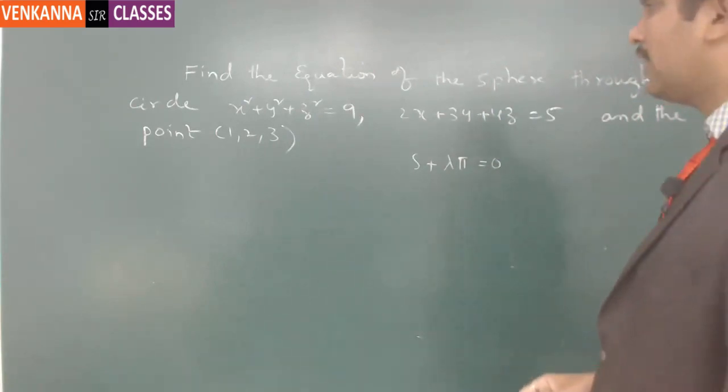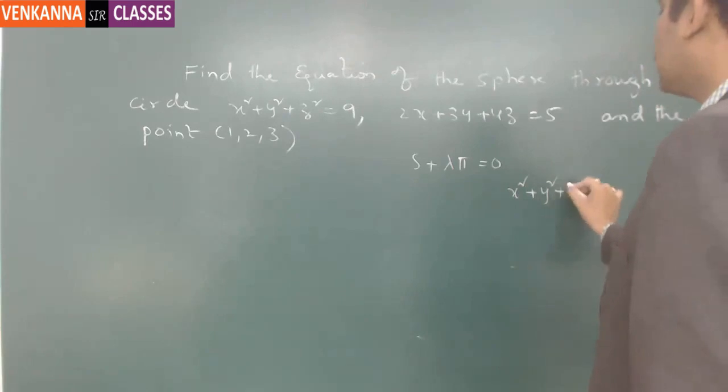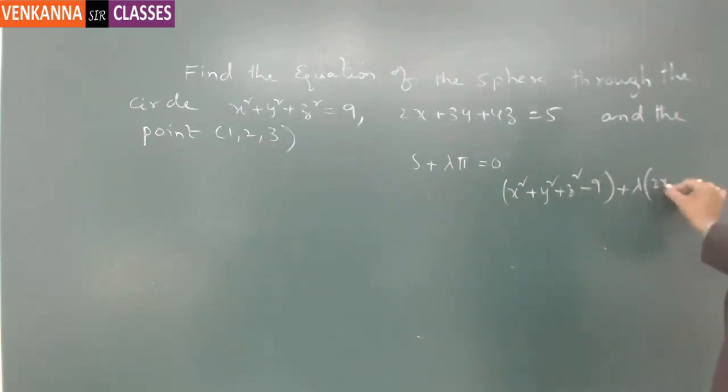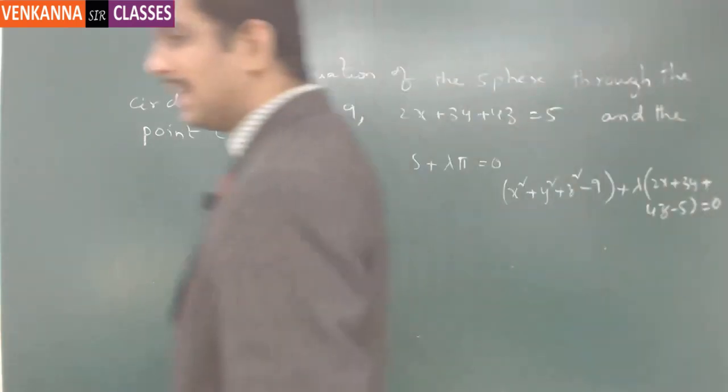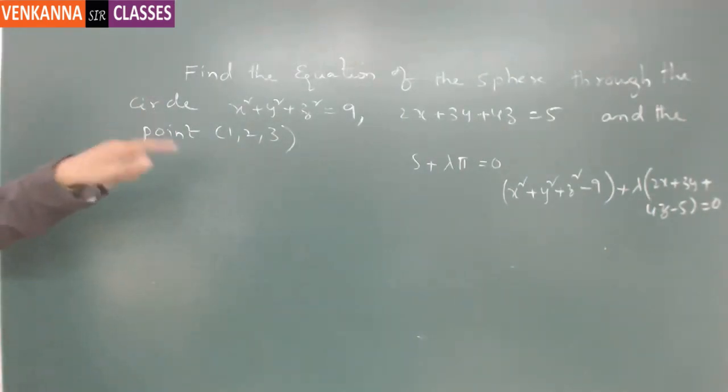Substituting the values: x square plus y square plus z square minus 9 plus lambda into 2x plus 3y plus 4z minus 5 equal to 0. So here you are calculating a new sphere equation which is passing through the circle.